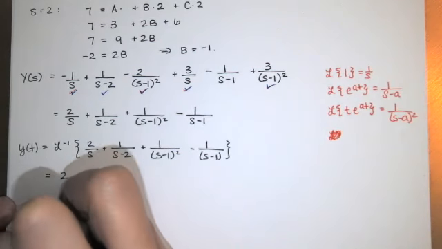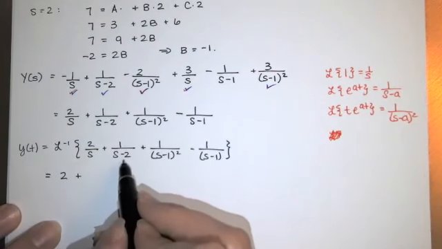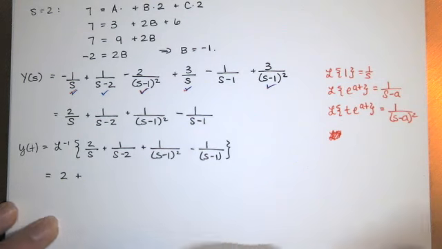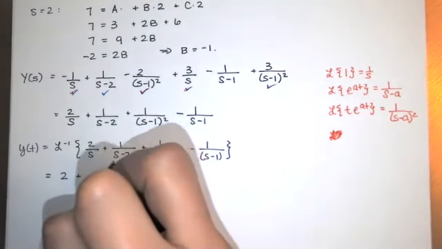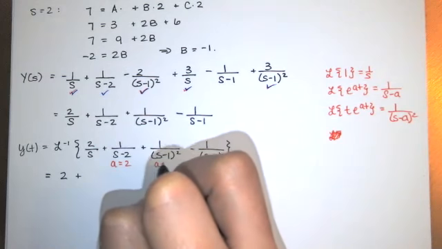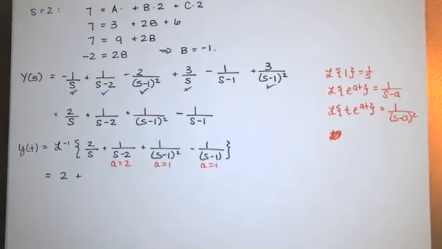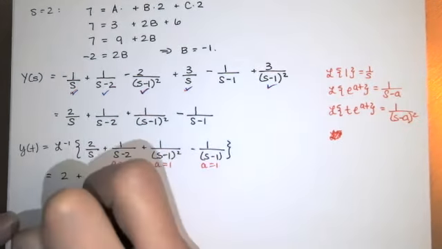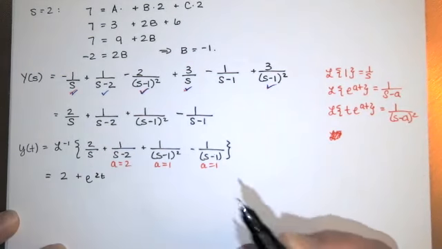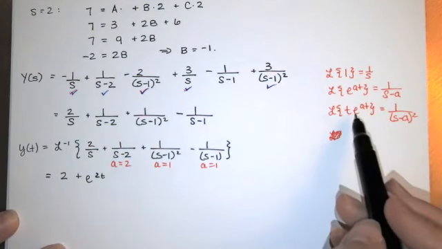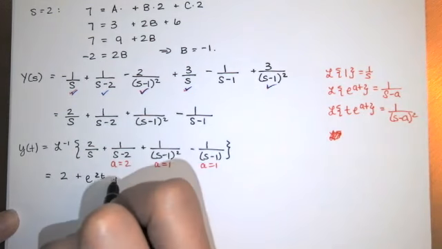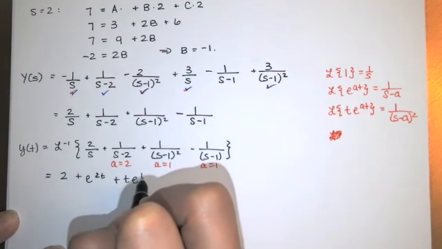We get 2. And then here, I'm going to get an e to the at where a is equal to 2. Here, a is equal to 1, and here, a is equal to 1. So this is going to be e to the 2t. Here I have t times e to the at where a is equal to 1.